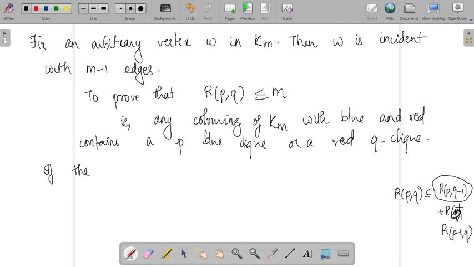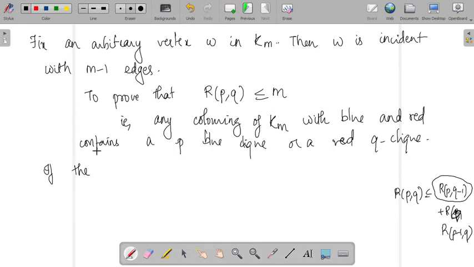Okay. Now what we need to consider is, if the number of edges is less than this, we will show that it is not possible to find a P clique or a Q clique.